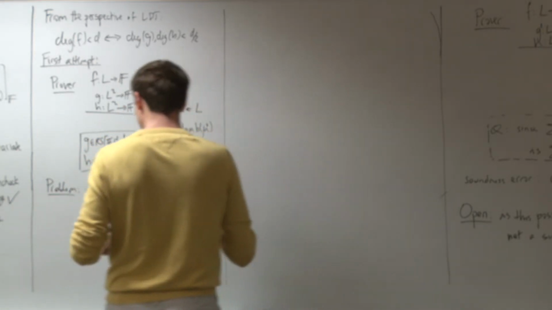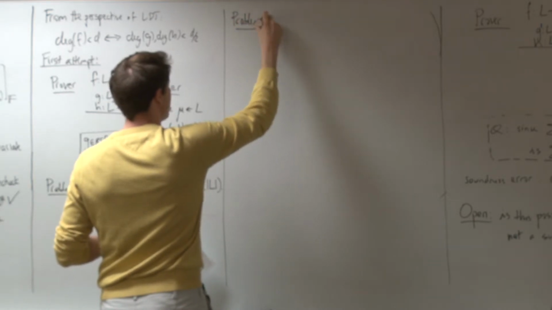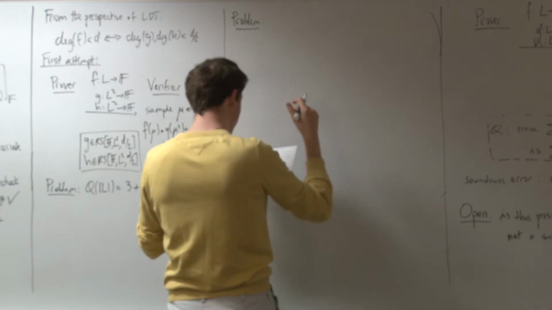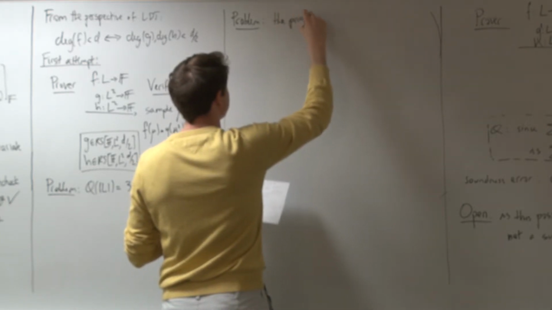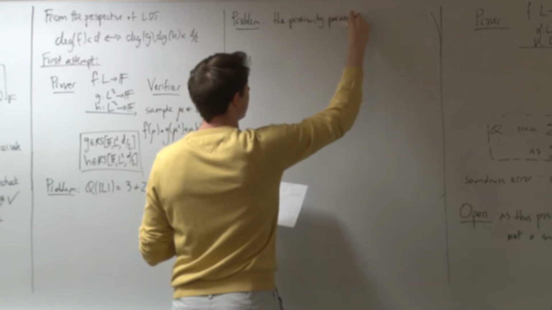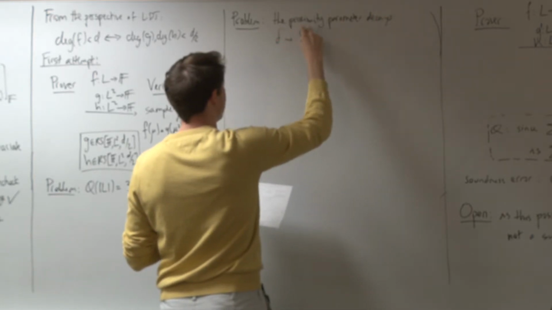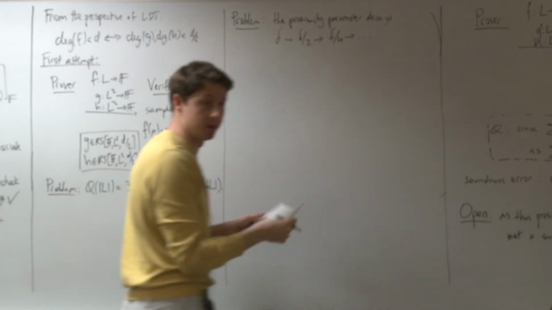So, another problem, just as serious, if not more, is that we can say that the proximity parameter decays from delta to delta over 2 to delta over 4, and it becomes subconstant very quickly.